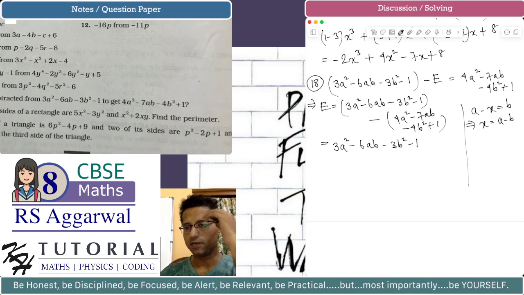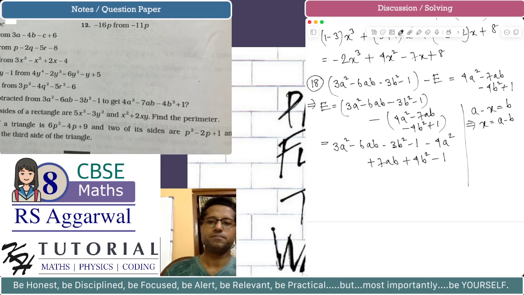But before the second bracket we have a negative sign, so all the terms inside will change their sign. 4a square becomes minus 4a square, minus 7ab becomes plus 7ab, minus 4b square becomes plus 4b square, and plus 1 becomes minus 1.